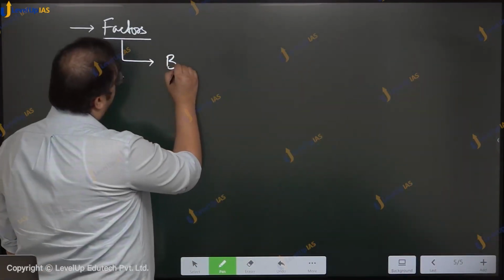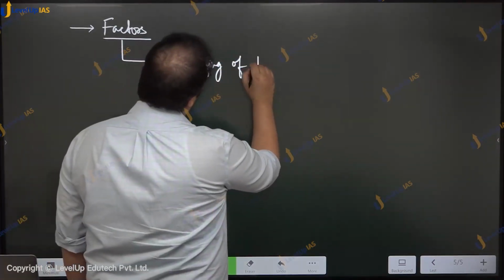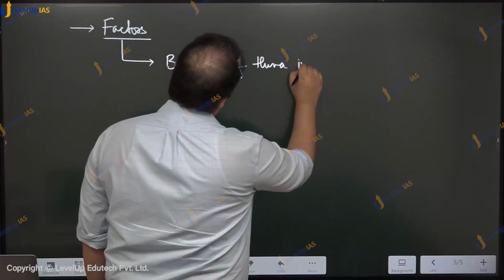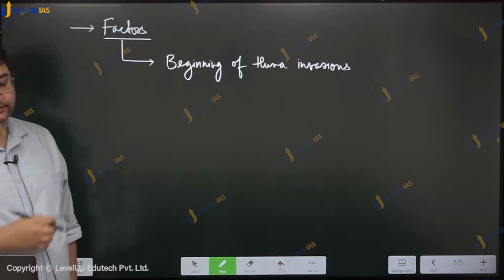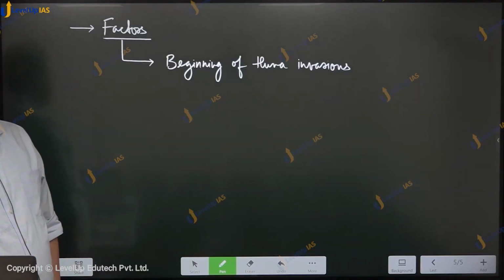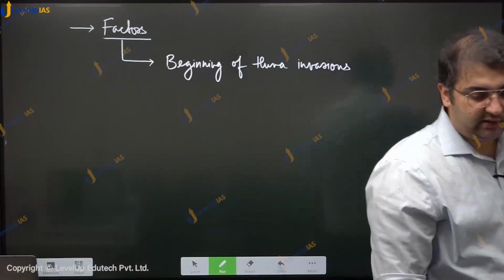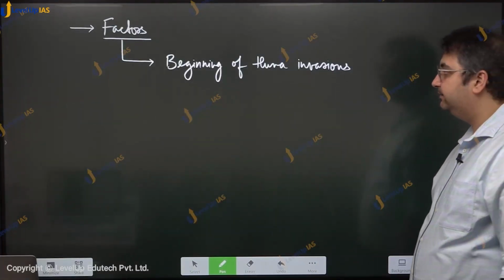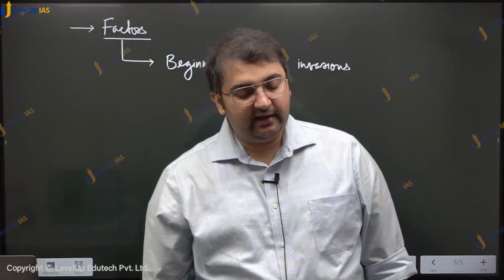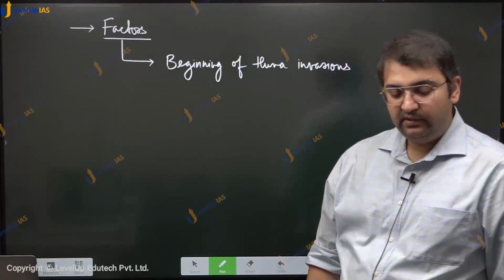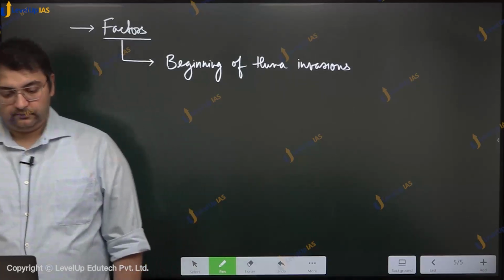The beginning of Huna invasions around the mid 5th century AD disrupted trade along the Silk Route. Full stop.